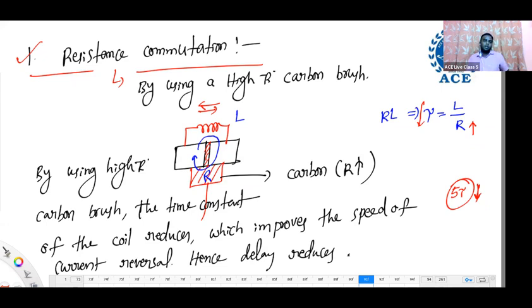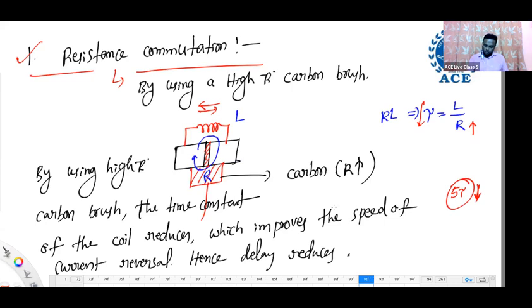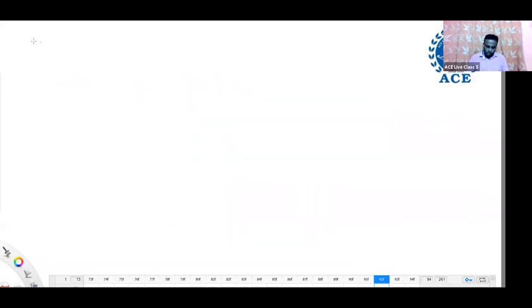Second one, interpole commutation, also called voltage commutation.